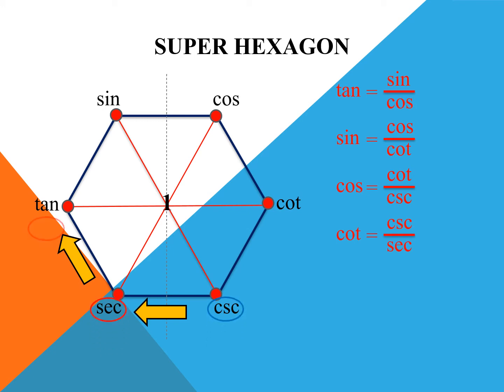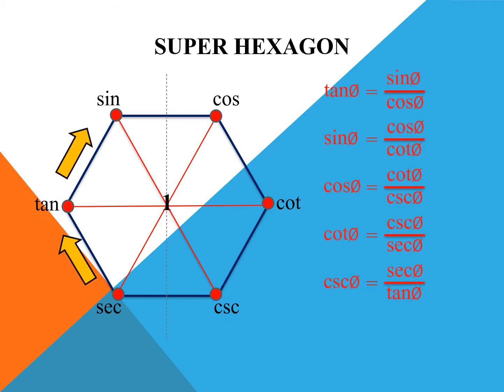Cosecant theta is equal to secant theta over tangent theta. Secant theta is equal to tangent theta over sine theta.